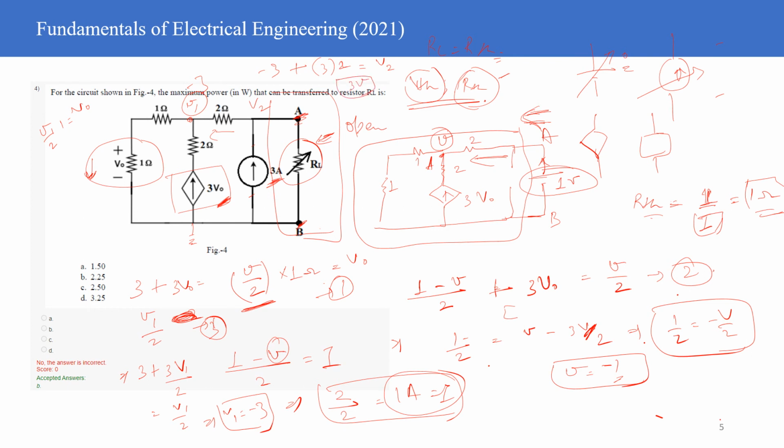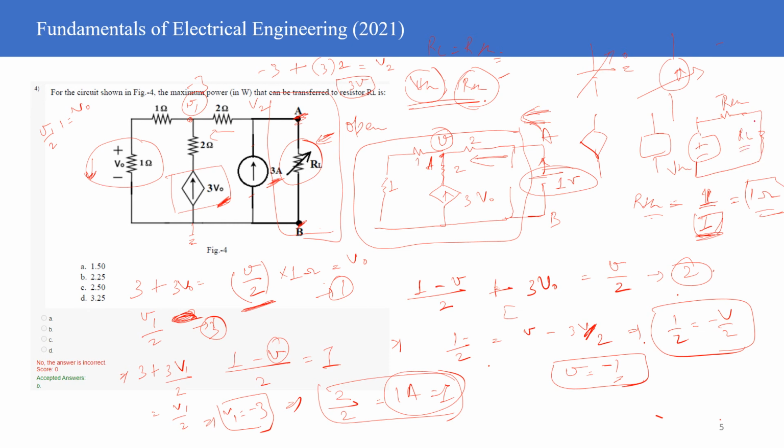Now V2 is 3 volt and the RThevenin we found to be 1. What will be the power that can be dissipated? You can write the effective circuit as V Thevenin, R Thevenin and R load.